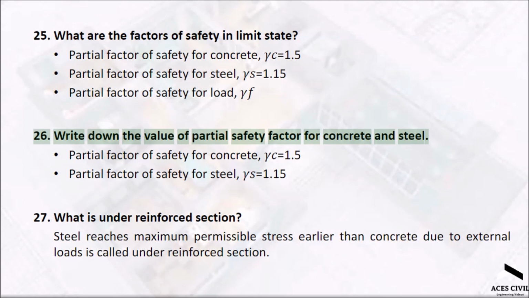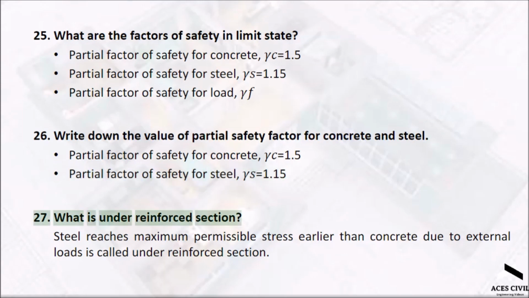Write down the value of partial safety factor for concrete and steel. Partial factor of safety for concrete equals 1.5. Partial factor of safety for steel equals 1.15.